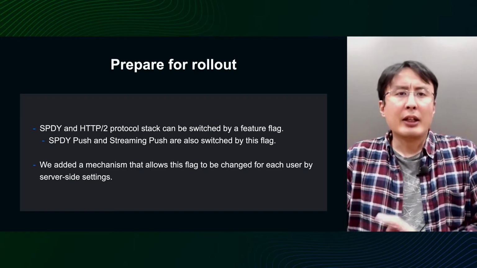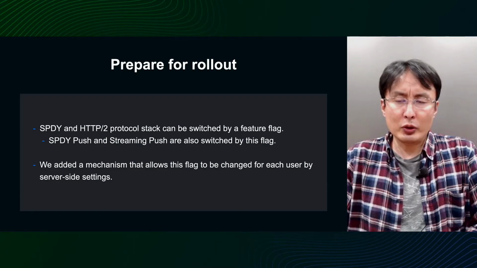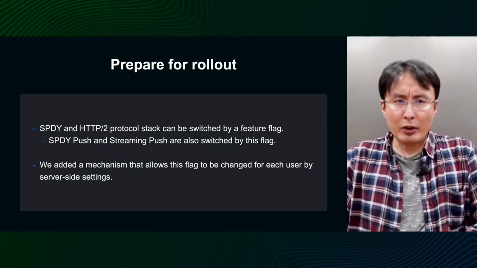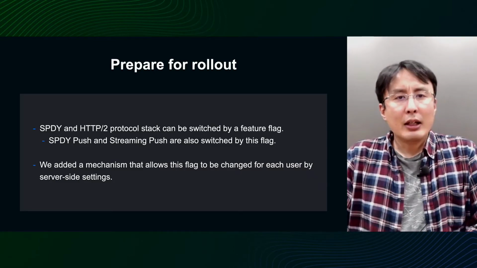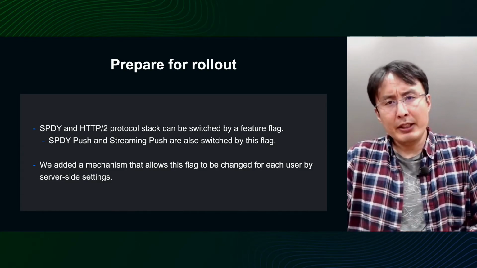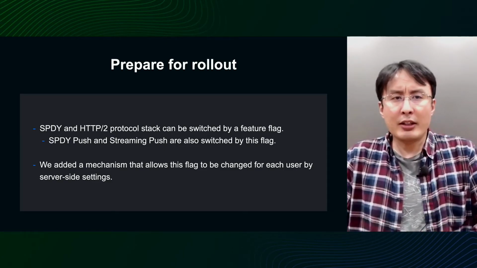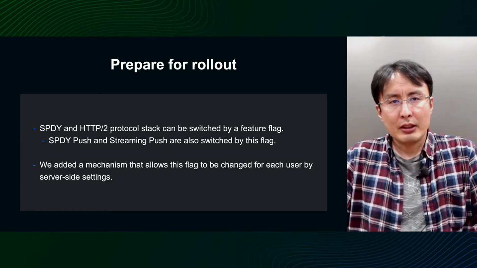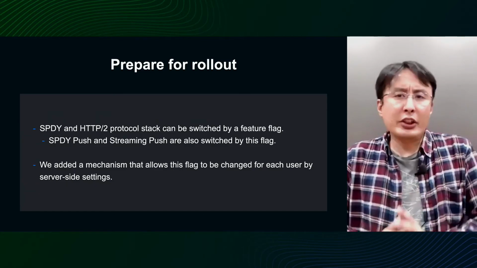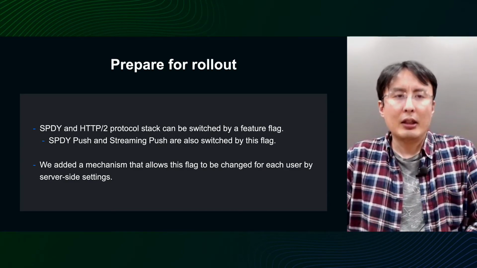We have now implemented the mechanism for the LINE app to communicate with the server using the HTTP2 protocol, but there was a bit more work to be done before we could roll it out. As mentioned earlier, we have made it possible to switch between SPDY and HTTP2 using a client-side feature flag. We have made it possible to change the value of this feature flag on a per-user basis based on server-side instructions.